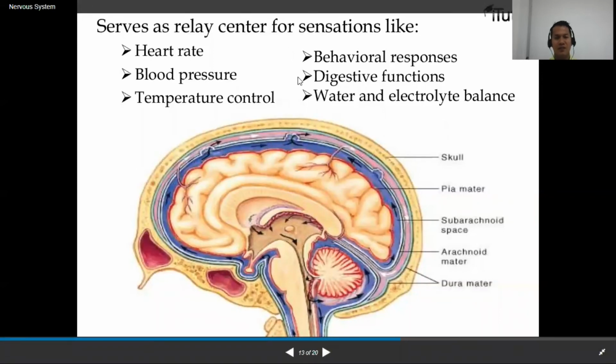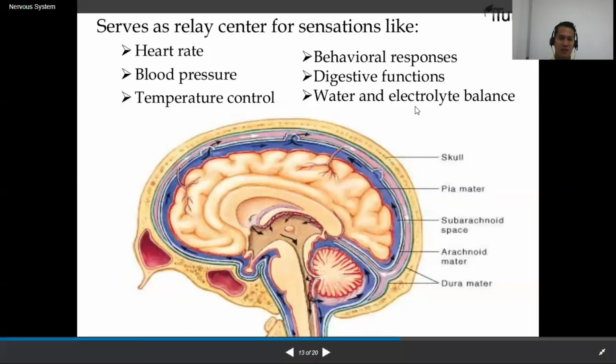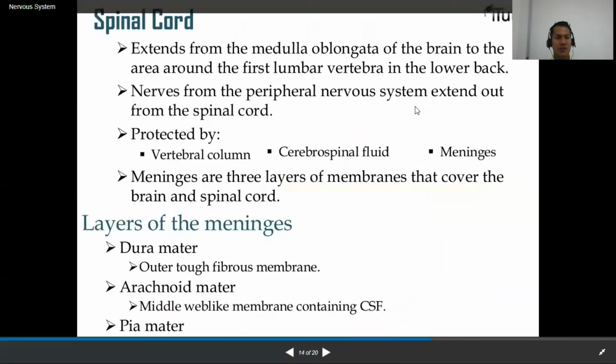If you remember peristalsis and all the digestive functioning of the body, it's because they are all pre-programmed in our cerebrum, as well as the water and electrolyte balance. They are all brain functions.